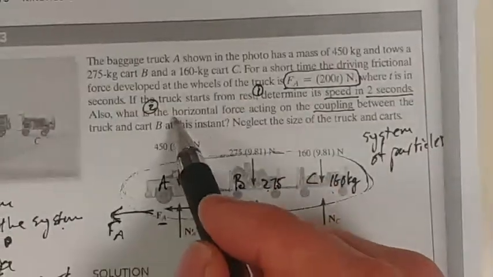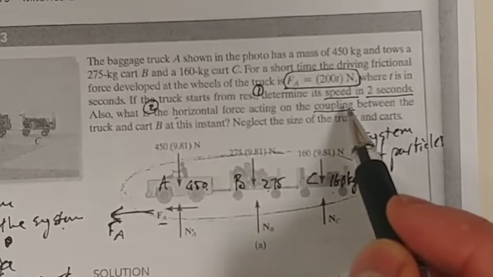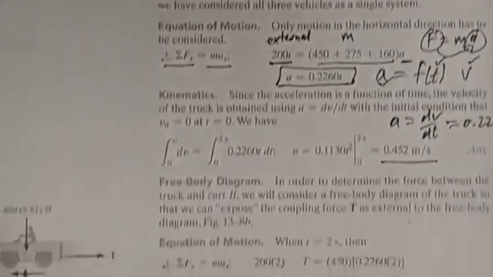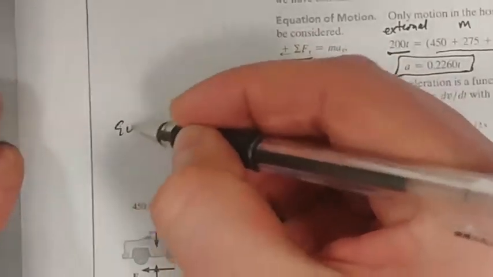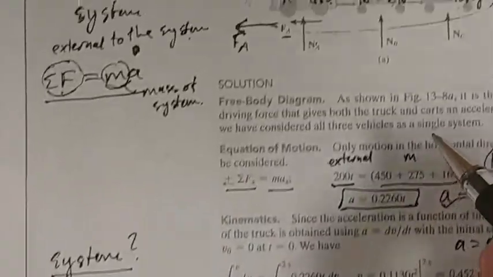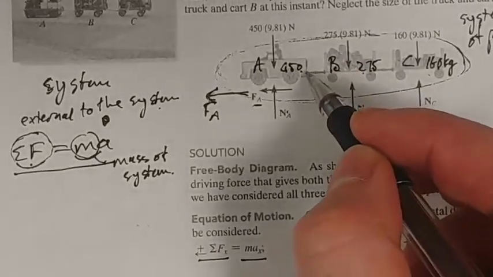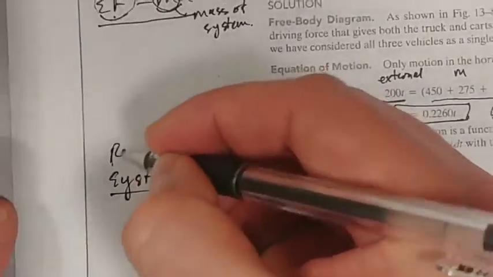Part B says, now what is the horizontal force acting on the coupling? What is this now? Okay. Now, we need to redefine our system. What is our new system? We are looking for the force between A and B, this coupling. So we need to redefine our system.